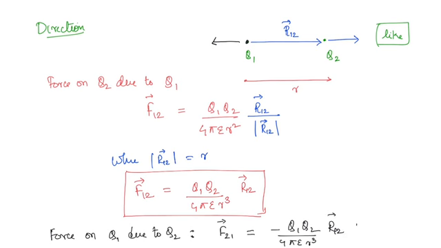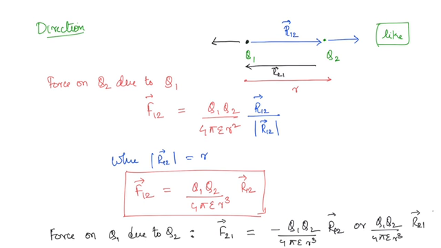Or we can write, if you take the distance vector to be R21 bar, that means we are taking the opposite vector, then we can write Q1 Q2 by 4 pi epsilon r cube R21 bar. So that is how you can represent Coulomb's law. We can get both the magnitude as well as direction.